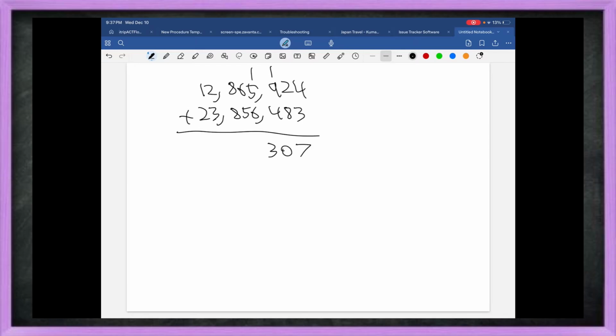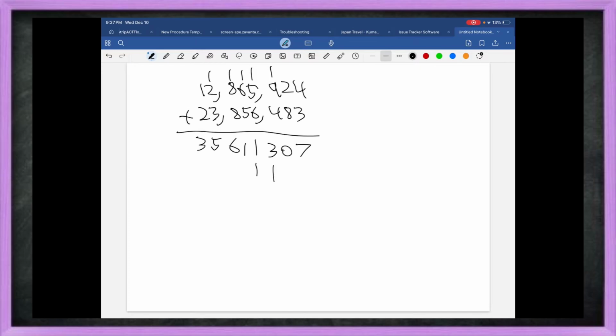5 plus 6 is 11. 6 plus 5, 11. 8 plus 8, 16. 2 plus 3, 5. 1 plus 2, 3. And then we have all these numbers up here. We have 100, so we'll add 100 to that.